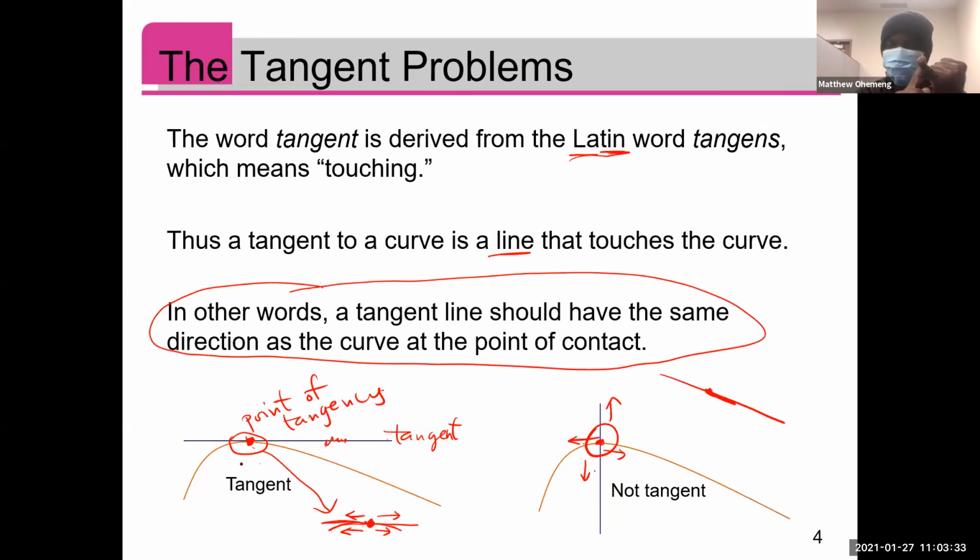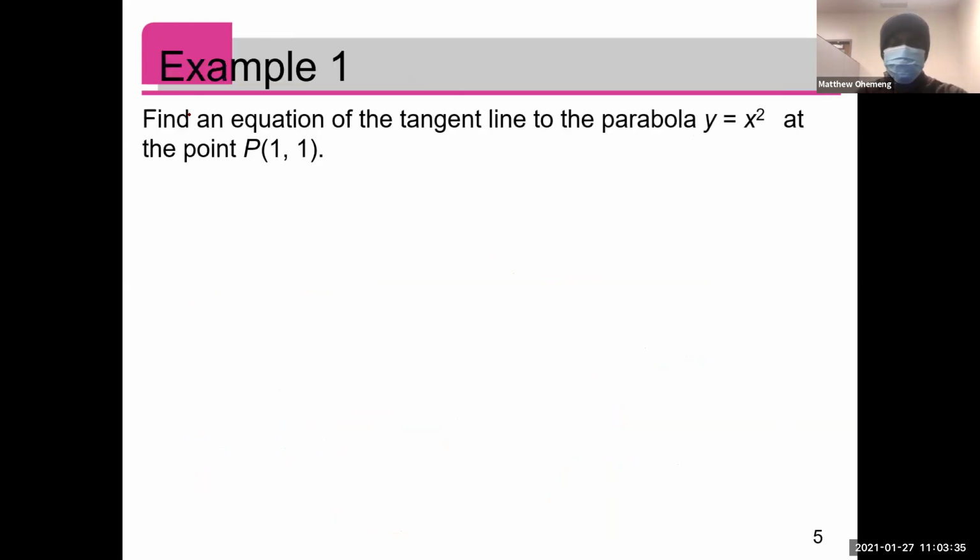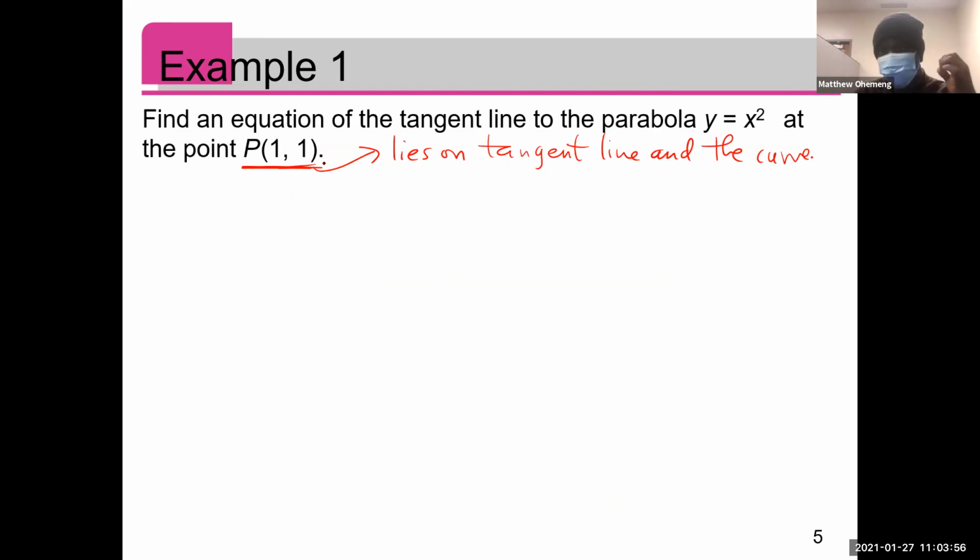You have a point on the line, already known, right? So in this example, this point P(1,1) lies on the tangent line and also lies on the curve, right? So in finding the equation of this tangent line, we know the point. But we know we need two things. We need a point and a slope.